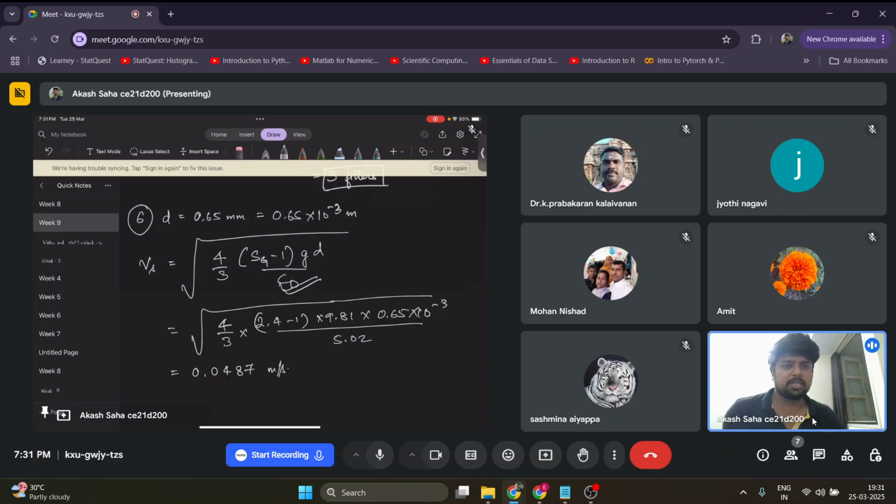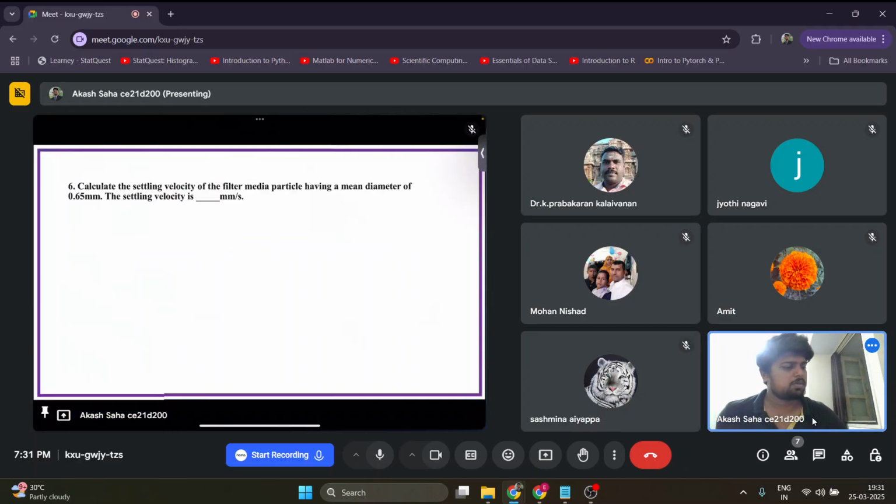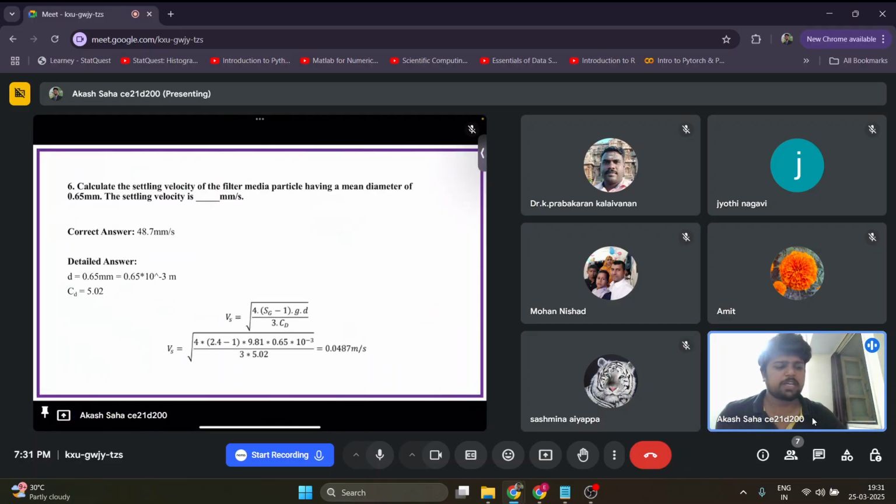And for turbulent flow, it is around 0.34, I think. I have given all this data in the previous class, so please check that again. Okay, so 48.7 mm per second. I told you the answer in meter per second, but it is asked in millimeter per second, so it will be 48.7.